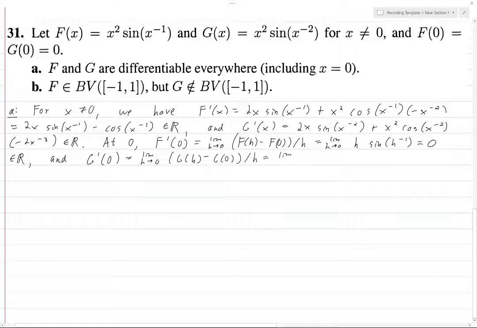Again, the h is going to cancel out, and we're just going to get h sine of h to the minus 2 this time, and this is also going to be 0 because this is also bounded between minus 1 and 1. So they are differentiable, and that finishes part A.